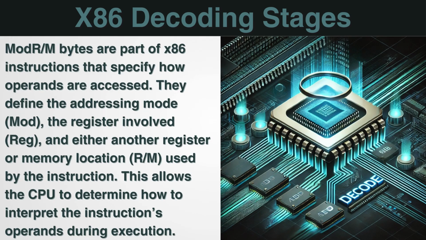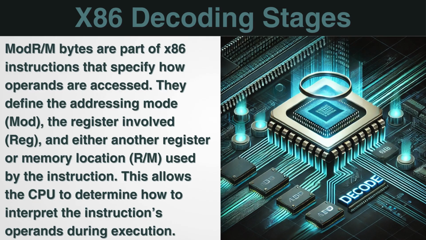Now, to explain what ModRM bytes are, that's a single byte in certain x86 instructions that provides additional information about operands. It's used to specify addressing mode, how to locate operands, register operands, which CPU registers to use, and memory operands, how to reference memory addresses.